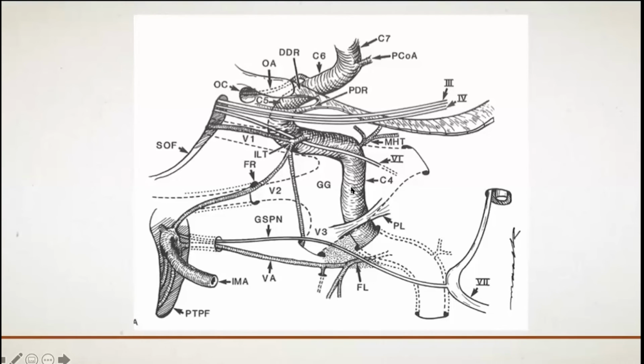But you see the C4, the petrous segment coming up, and we talked about the cavernous segment having, the C4 being the cavernous segment. You see it having the major branches of meningohypophyseal trunk or the inferolateral trunk, and then becoming the clinoidal segment. And then you see the ophthalmic artery coursing here, going through the optic canal with the optic nerve, C6 and C7, and the posterior communicating artery here.